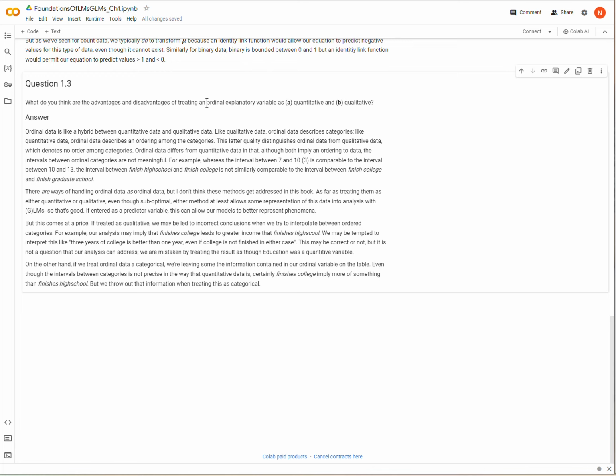Okay, so what is an ordinal explanatory variable? This is a variable whose values are categories, and those categories are somehow rank ordered, right? For example, the example that I'm using here, and I think it's used in the book, is education level attained.